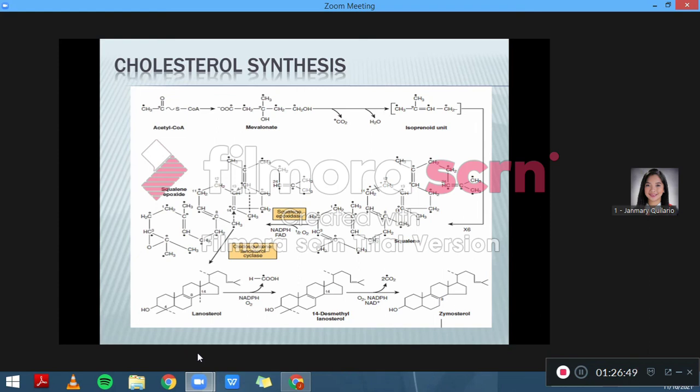which is catalyzed by HMG CoA synthase, Doc. Then this would be different, Doc, because there's the cytosolic HMG CoA synthase, which participates in cholesterol synthesis, and there's the mitochondrial HMG CoA synthase, which participates in ketone body synthesis.